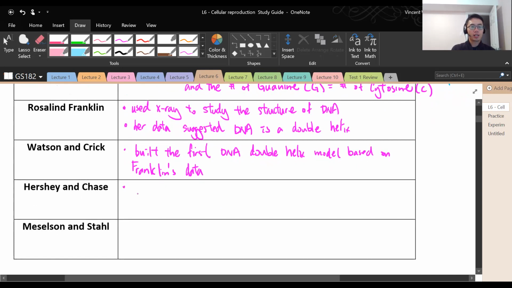Okay, we have Hershey and Chase. Hershey and Chase used bacteriophage. Bacteriophages are viruses that infect bacteria.